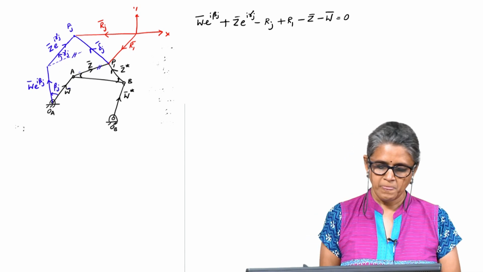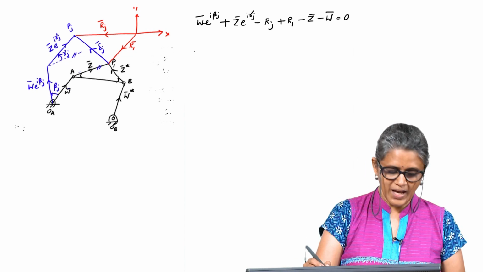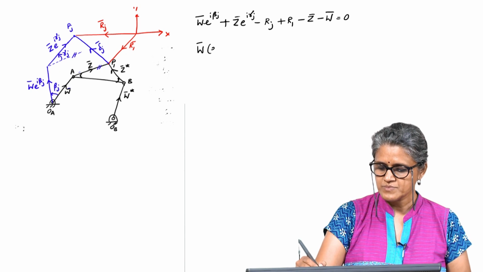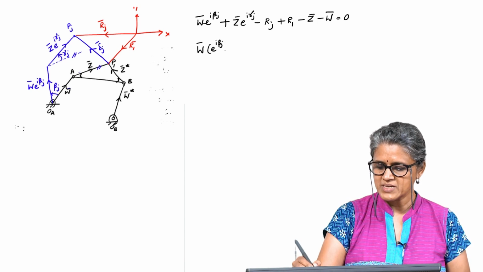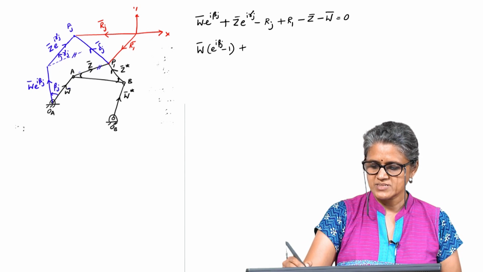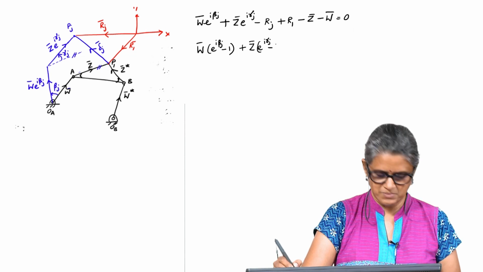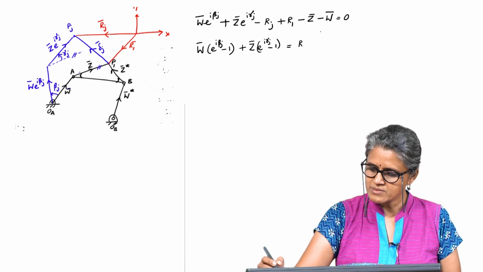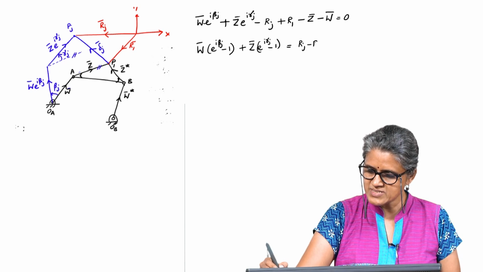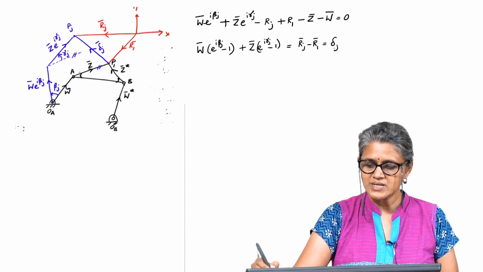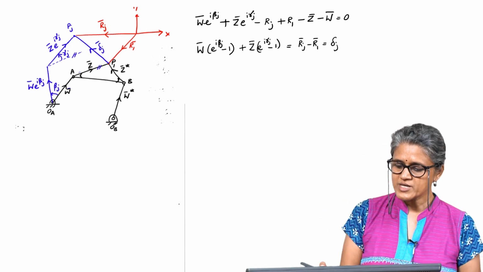Okay. So, I can now write this as W e power I beta j minus 1 plus Z e power I gamma j minus 1 is equal to Rj minus R1, which is equal to delta j. So, what is delta j?